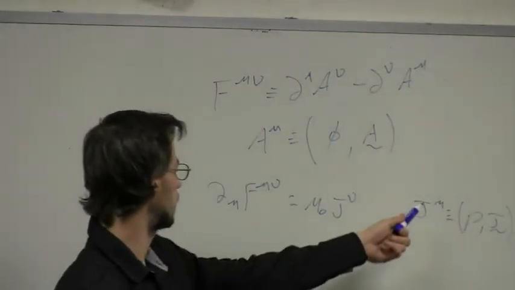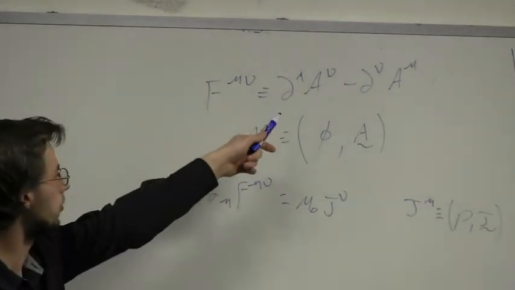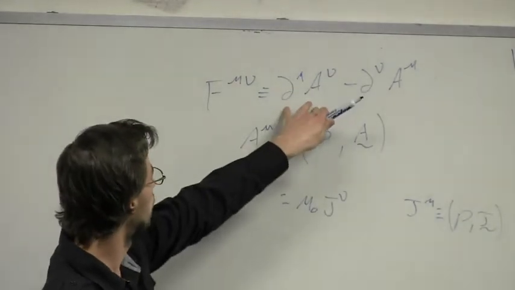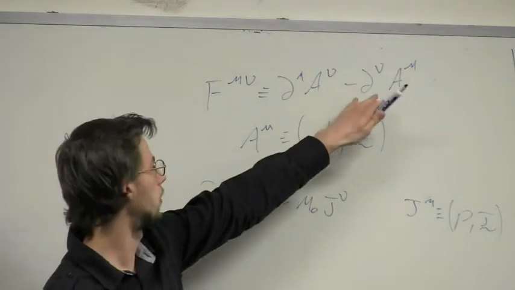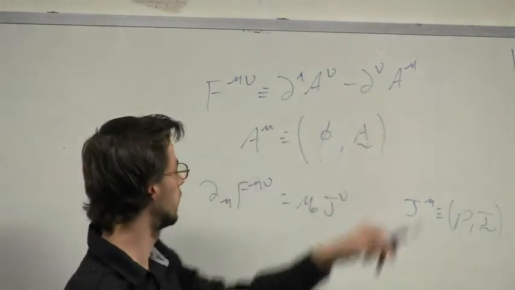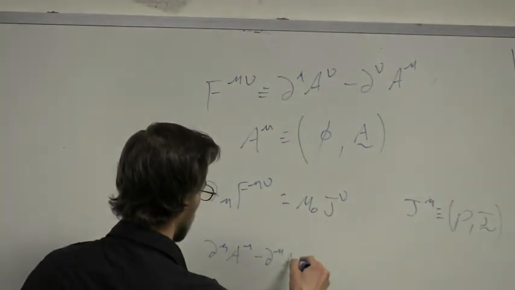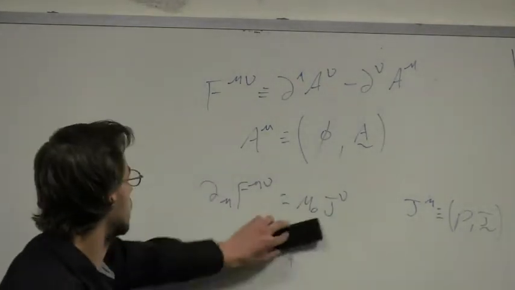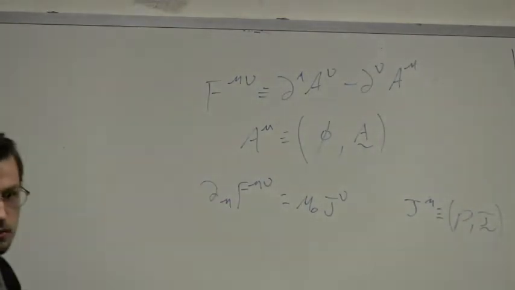If you plug in J naught and then do the derivatives, requiring F mu nu to be antisymmetric, which you'll get from this form, because if you plug in anything on the diagonal, they all cancel each other. So you'd have partial mu A mu minus partial mu A mu. These are all equal, so it's subtracting the same thing from itself. And then you can work out the off-diagonal elements yourself if you feel like it, and you'll see they're antisymmetric.